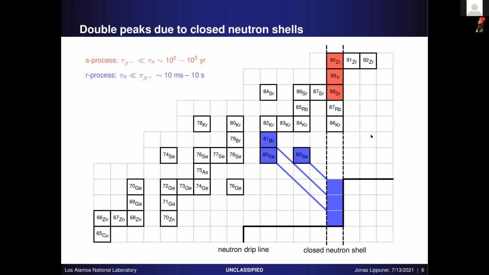From this, we can infer that we expect to see a double peak structure for each of those closed neutron shells, where the low mass peak comes from the R process and the high mass peak in the abundances comes from the S process. And indeed, this is what we see here.